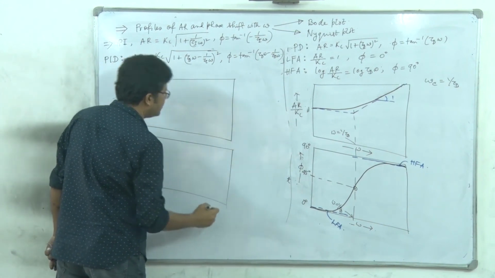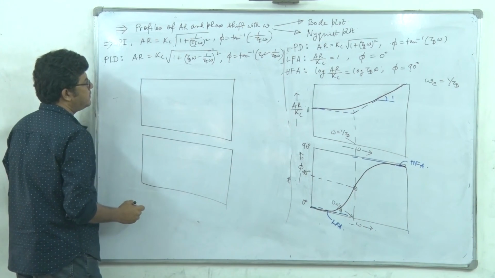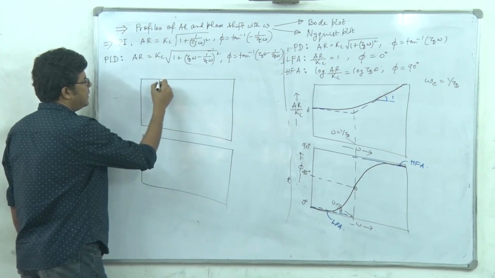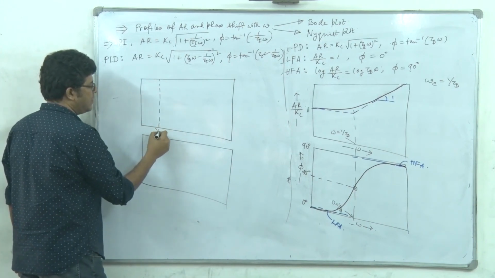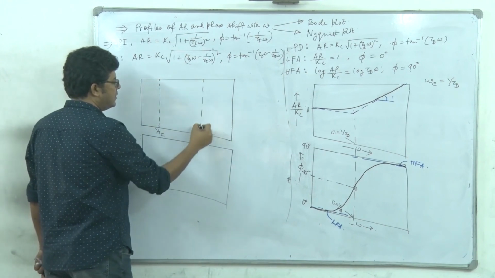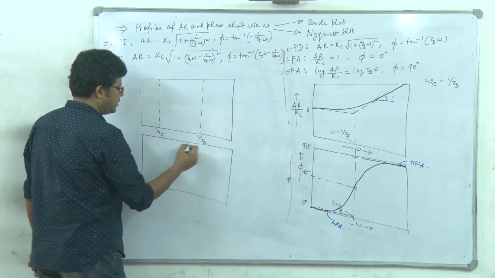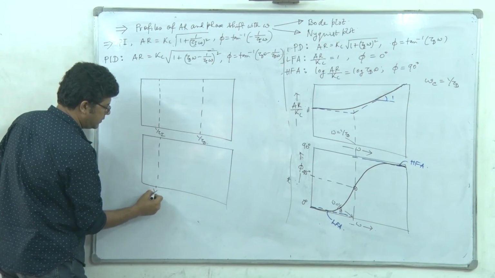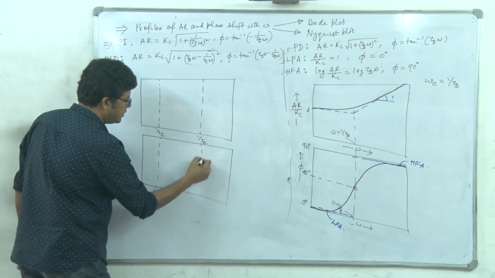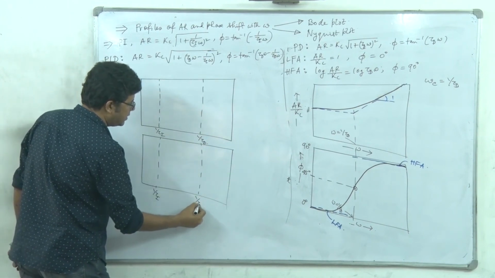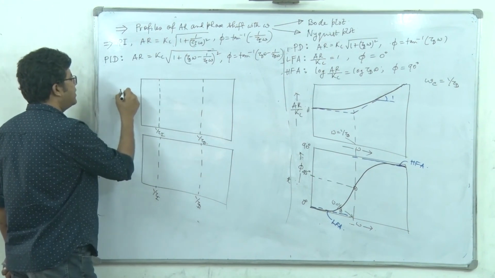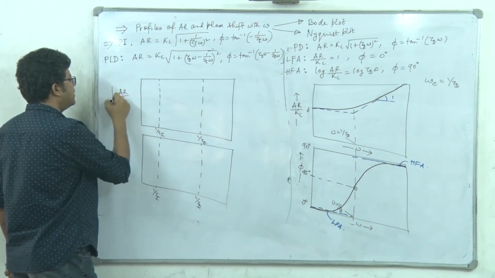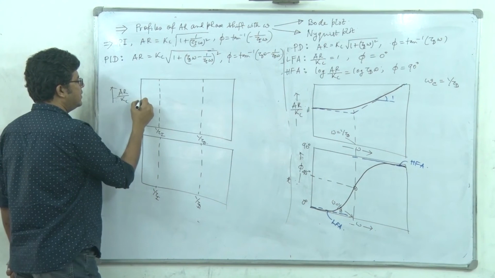See, let's say this is 1 by tau I, this is 1 by tau d, and here also this is 1 by tau I, this is 1 by tau d, and AR by Kc in this direction, and let's say this is the value 1.